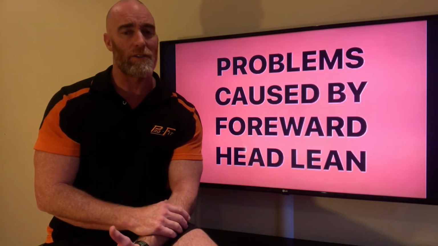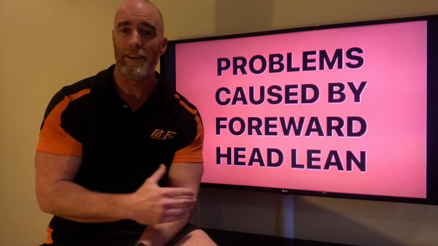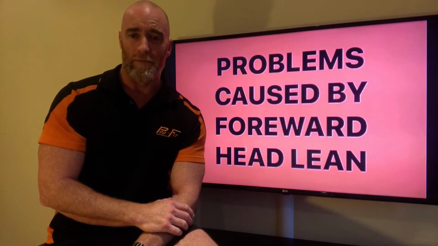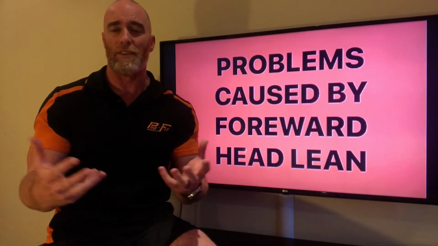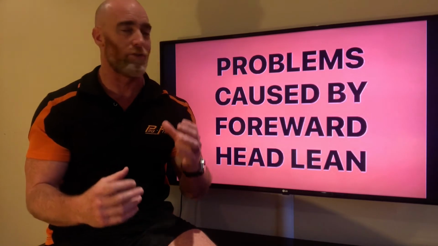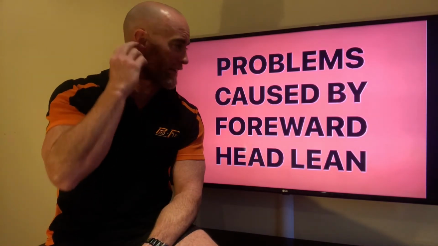Now, another thing quite synonymous with bad posture and forward head lean is headaches and dizziness. If you take into account headaches, migraines and dizziness, think of all the tissue that is constricted behind the base of the skull, right into the cervical spine.